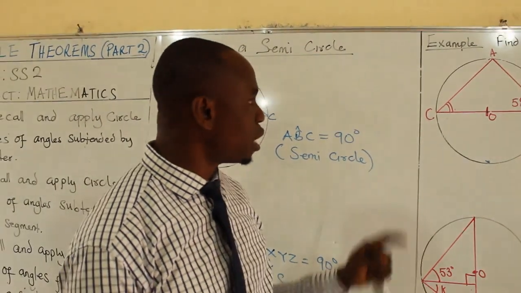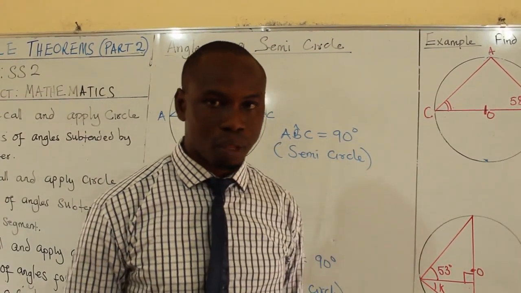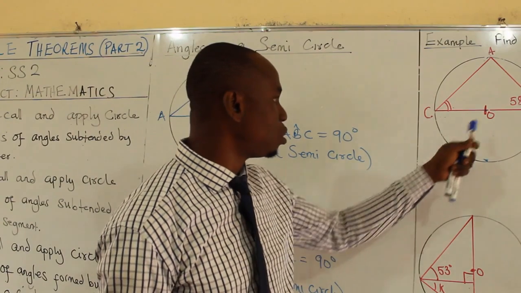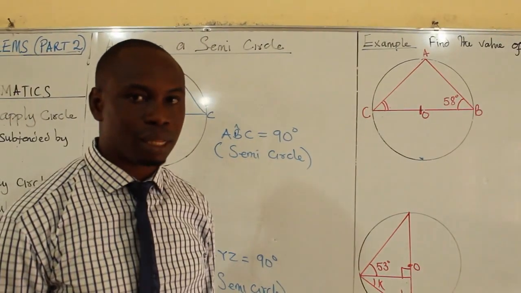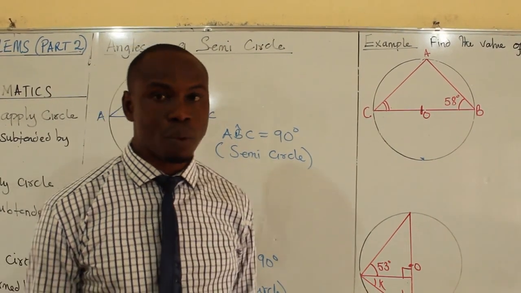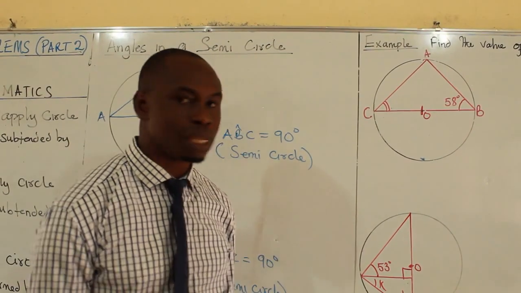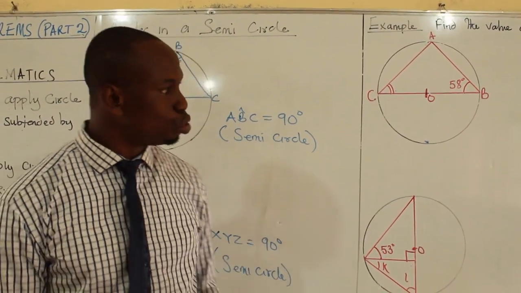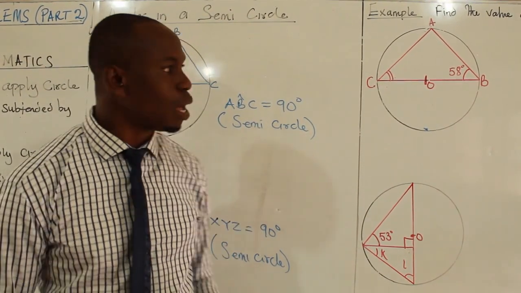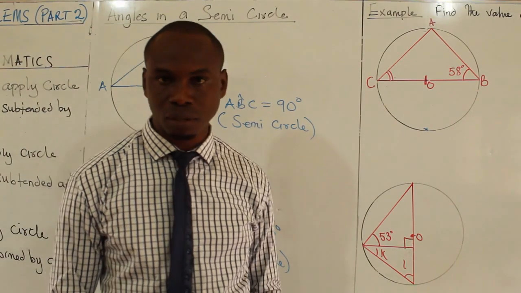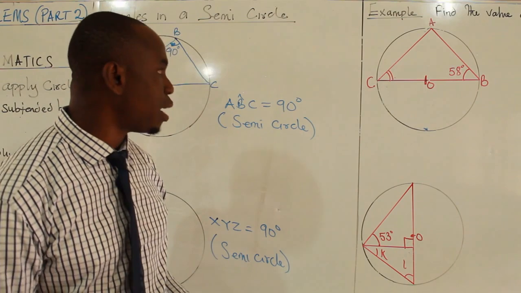Most questions do not necessarily tell you that the line drawn is a diameter, but you will just see an indication to show you that that point represents the center of a circle, because most questions are not necessarily drawn to scale. That indication will be put there to show that the line crosses the center of the circle, and when that line crosses the center of the circle, then that line represents the diameter.